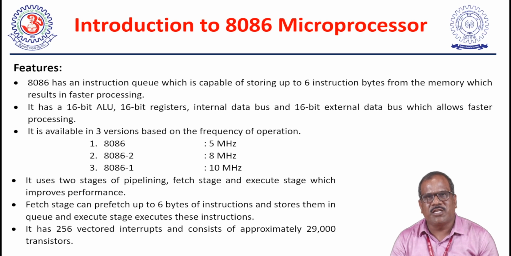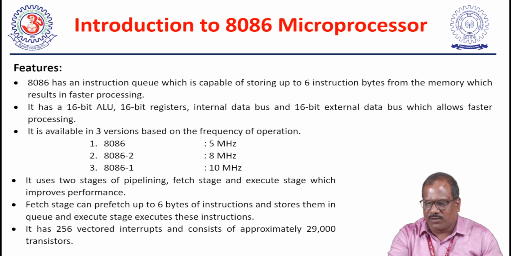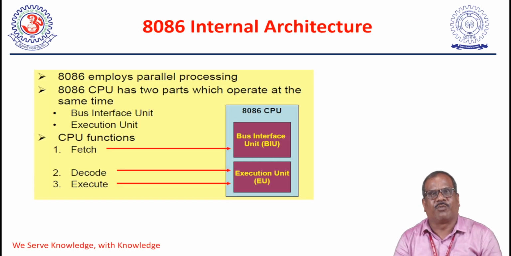During the execution stage, with pipelining you can perform execution as parallel processing. It has 256 vectored interrupts and consists of approximately 29,000 transistors. These are all the features of the 8086 microprocessor.